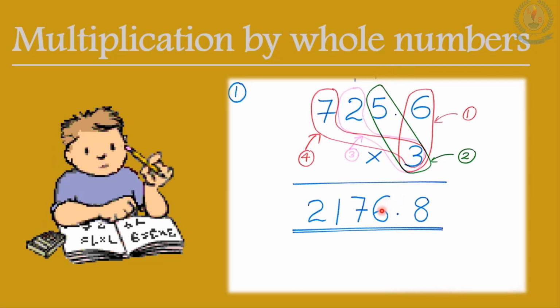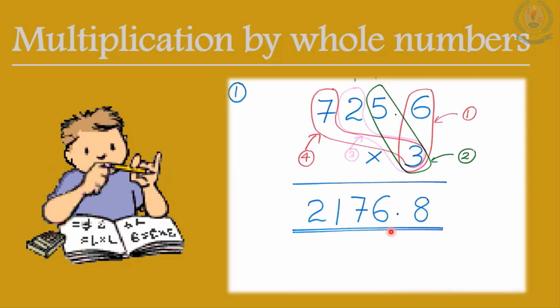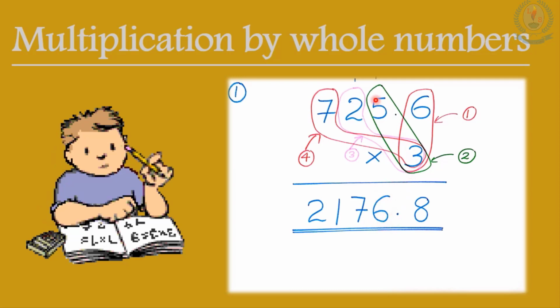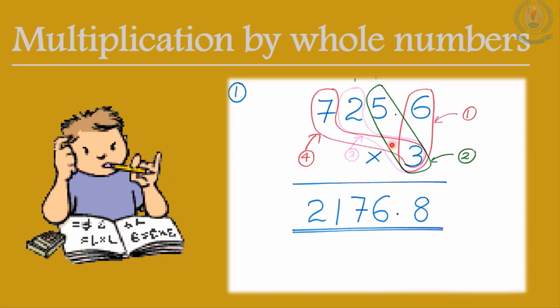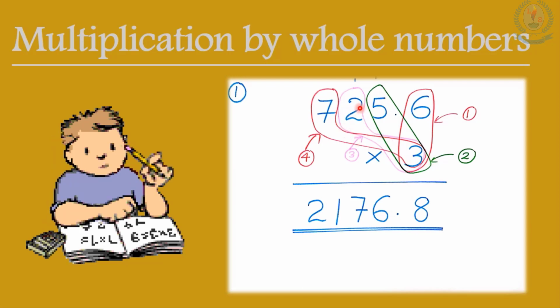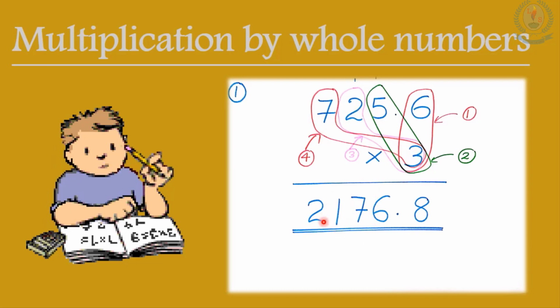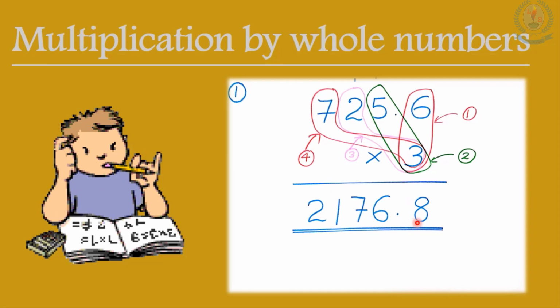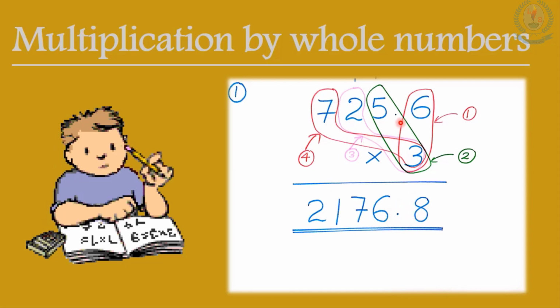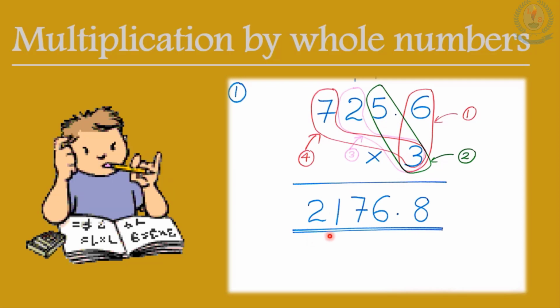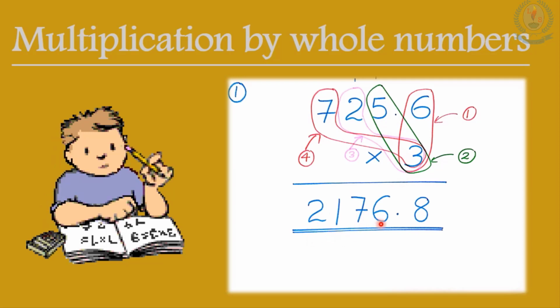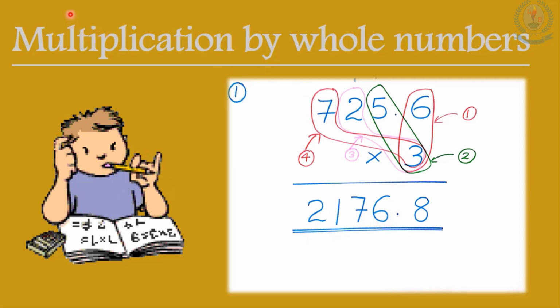So from 16 also we can't keep the whole 16. We have to keep that 6 and take the 1 to the other side. Then 3 times 2, 6, and that 1 means 7. Then 3 times 7, 21. Don't forget to keep the decimal places when you are multiplying these decimals by the whole numbers. Right? Then the answer is 2176.1.